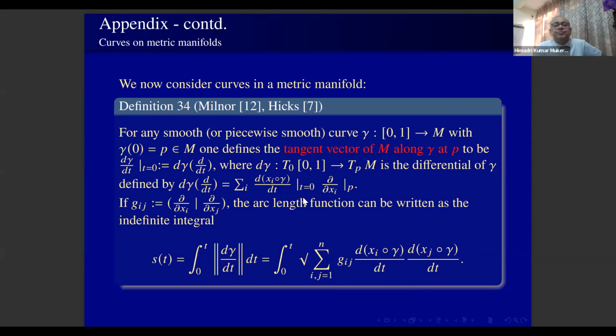So this will be the expanded version of this. Here these quantities are replaced by this, because the norm means the inner product of this with this. So when you take the inner product of this quantity with this quantity, you will get this kind of thing where g_ij corresponds to these things.